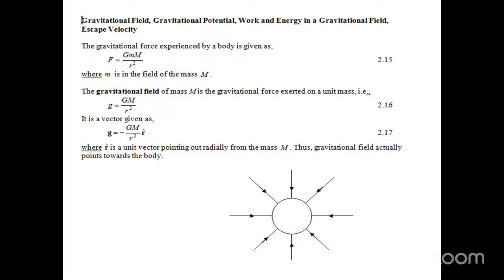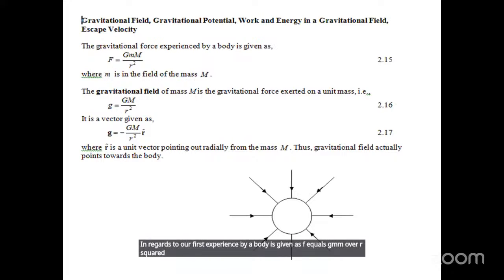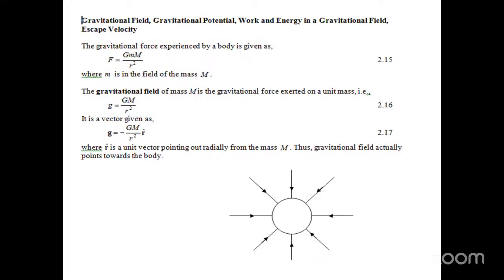We can continue, sir. The gravitational force experienced by a body is given as F equals GMm over r squared, where small m is in the field of the mass M. You see, capital M is creating the gravitational field, inside which is located small m.